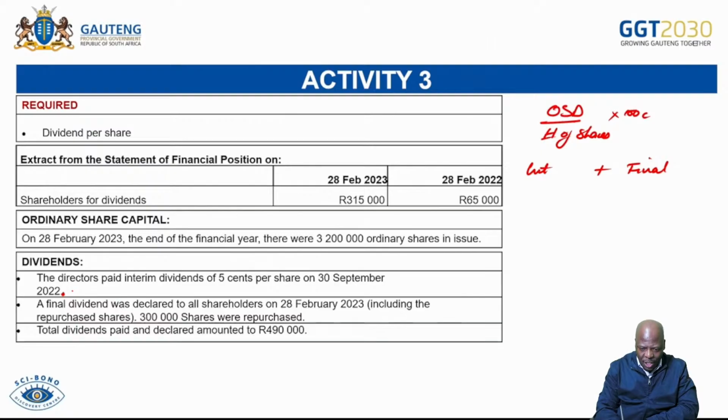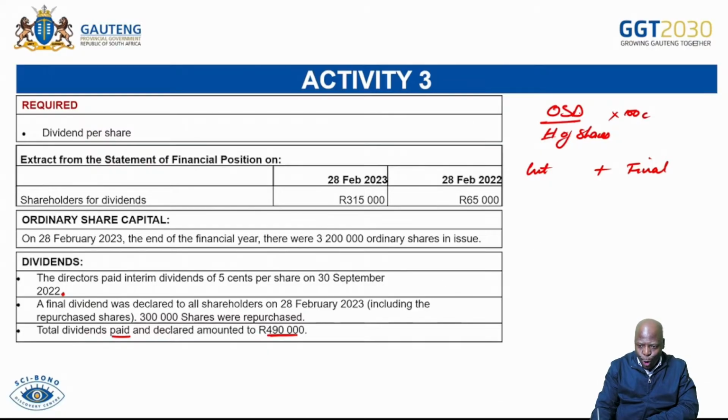They don't tell us how much it is. Remember, I want to show you what some of you do, and then I can show you why it is not right. And then they say a final dividend was declared, including the shares repurchased. Total dividends paid and declared amount to 490.